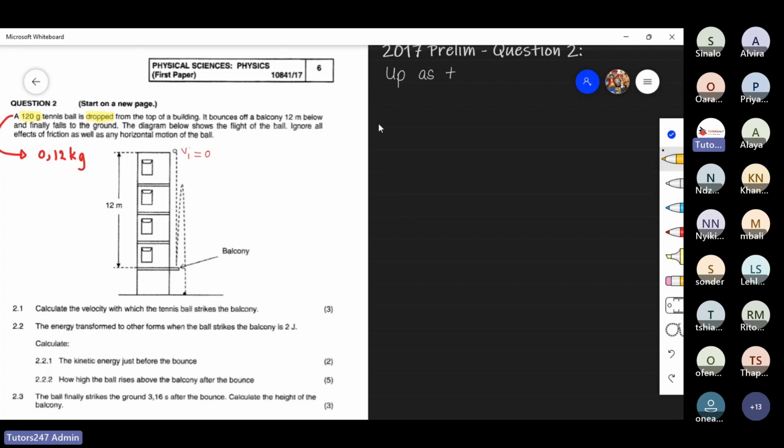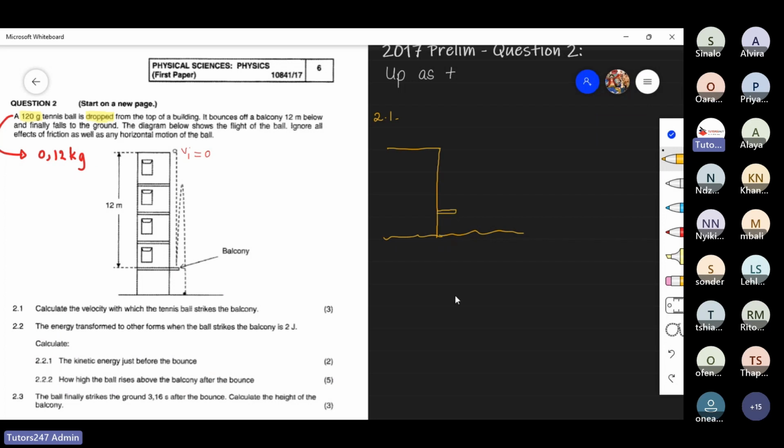So we have question 2.1. Now, question 2.1 needs us to calculate the velocity with which this object hits the balcony. So before we do that, let us sketch this so we can get an idea of what's going on. If you've noticed from the previous class, I prefer to sketch what I'm doing. It makes it easier to understand.